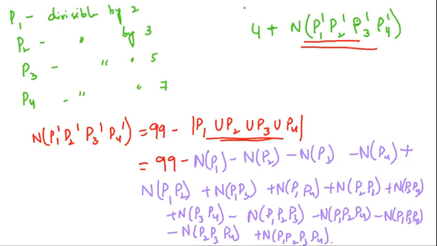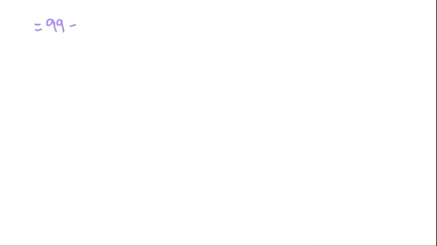N of P1 will be the number of integers divisible by 2. So what are the total number of integers? 100. So 100 by 2. We have to take always the floor value whenever we are doing the divisibility. So 100 by 2 floor value.